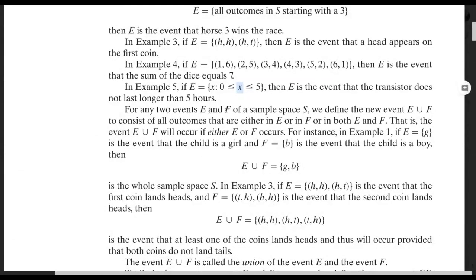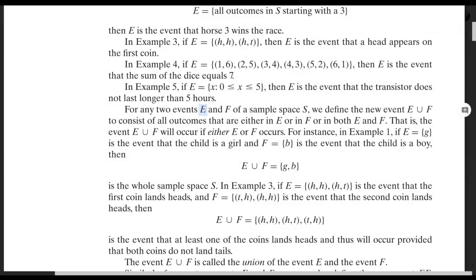For any 2 events, E and F, oh, that's why they use F here. For any 2 events, E and F of a sample space S, in other books you may see E1, E2, because people like to use E1 for the first event and E2 for the second event, but this textbook is new to me too, okay?